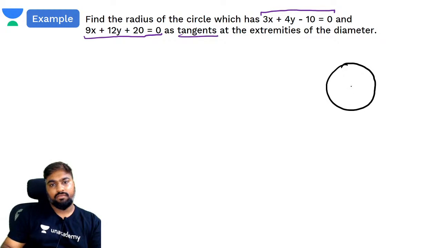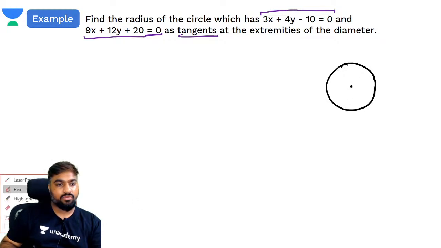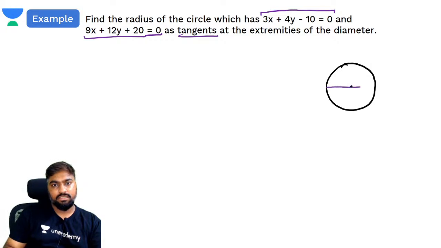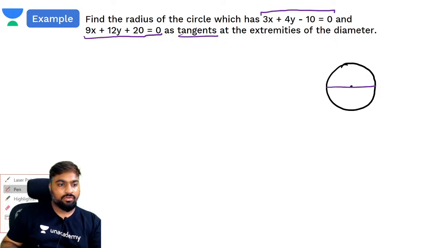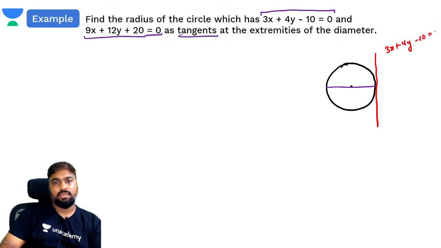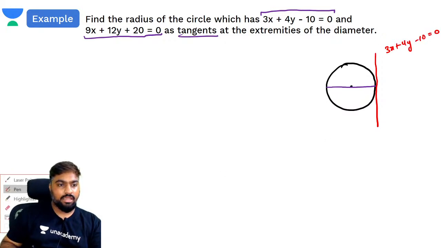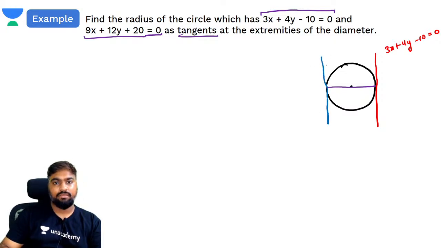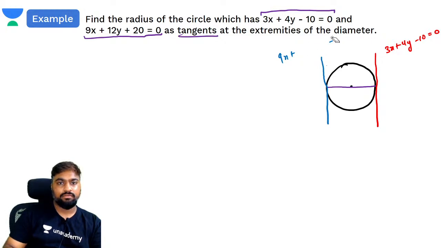Yes, if this is the center and if I were to go for the diameter, let's say if this is the diameter, तो क्या बोल रहे हैं कि ये जो लाइन है, this line 3x plus 4y minus 10 equal to 0 is tangential, and this line is also tangential at the extremities of the diameter. तो ये 9x plus 12y plus 20 equal to 0. समझ में आ रहा है?